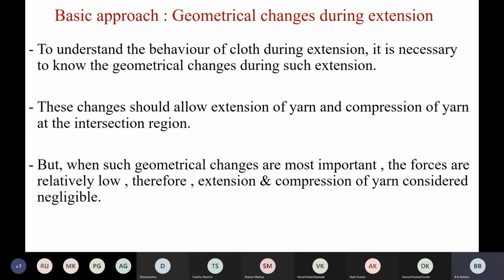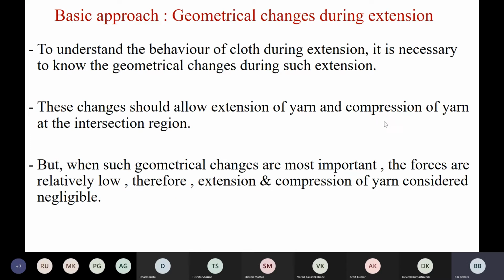At the intersection point, when the fabric is extended, we have discussed in the rigid thread model, at crossover points, warp will exert some pressure on weft and vice versa. We call it inter-yarn pressure. We have also determined the formula V1, V2, 8 sine square theta. You know that formula if you have already derived. That means at crossover points, there is an inter-yarn pressure.